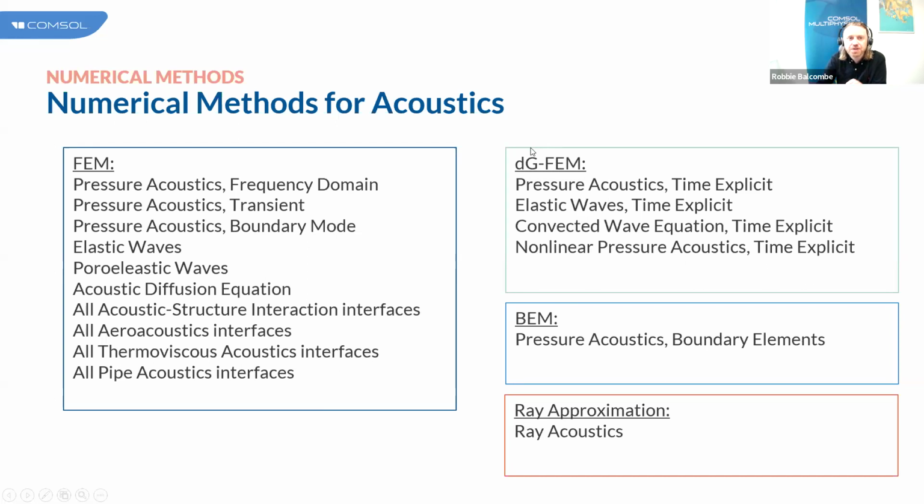With the discontinuous Galerkin finite element method, you can work only in the time domain. This can be in fluids or solids. This can also include nonlinear acoustics and can include the convective effects of fluid flows. For boundary element modeling, you can work with pressure acoustics, but this is limited to working in the frequency domain. And then for the ray approximation, you can work with ray acoustics, and this is limited to the time domain.